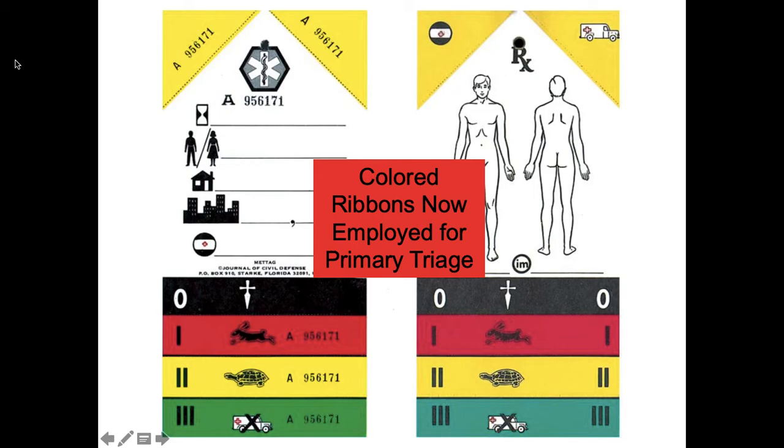But initially, when you're going around, you'll have these 4 colored ribbons, and you're going to be tearing off a couple of feet of it and tying it to some place that's very obvious around the upper arm, or if it's exposed, the upper leg, something rather obvious so everyone else can see it.